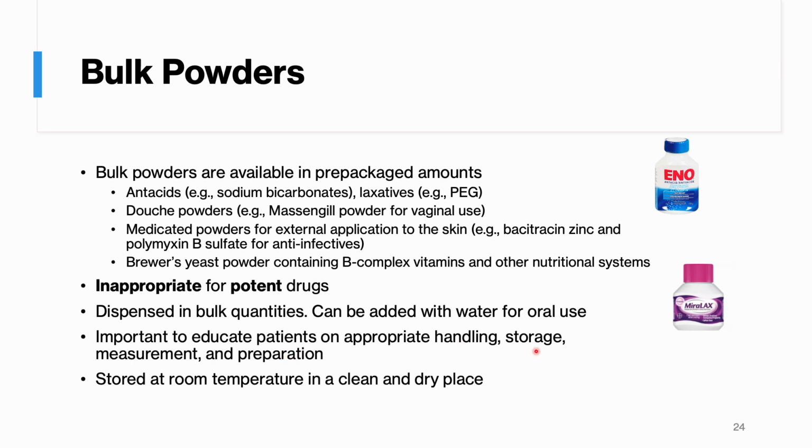Remember, the measurement is done using a scoop or some kind of device by the patient, so it's important to educate the patient how to measure accurately, which ensures an accurate dose. The handling and storage is important because there are many doses remaining. If the storage or handling is not appropriate, the remaining product can degrade and lose effectiveness. Normally, bulk powder is stored at room temperature in a clean and dry place.